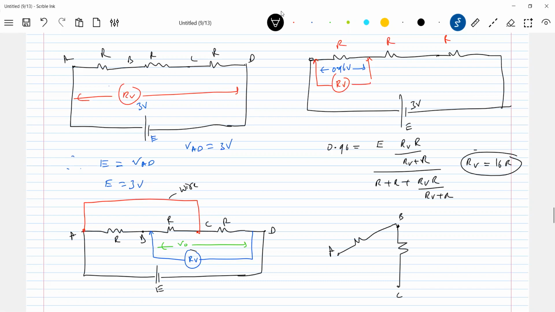Then B and D, there's a resistor. Then C and D, there's a resistor. Only three are there, no? And this B and D voltmeter, sorry, this is RV. This is R, this is R, this is R. And A and C, they're connected by a wire.